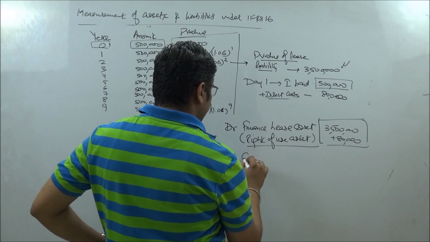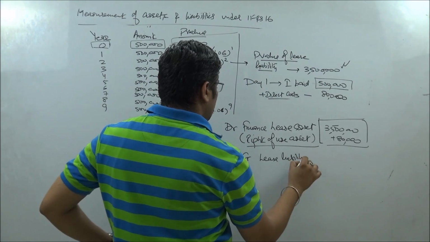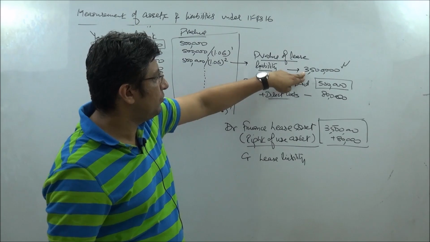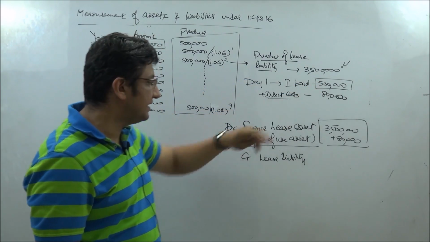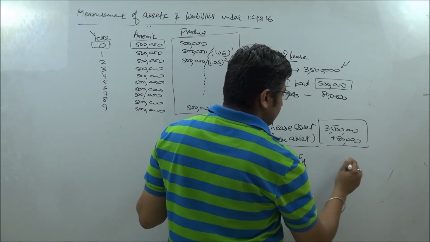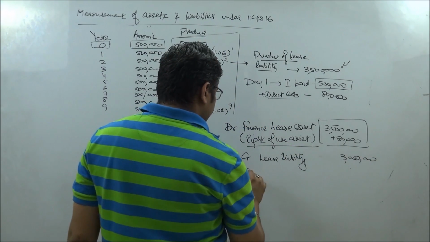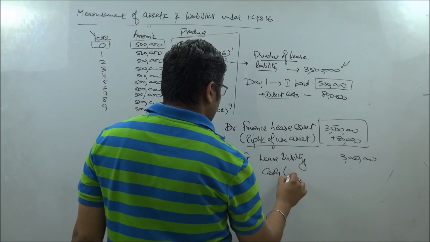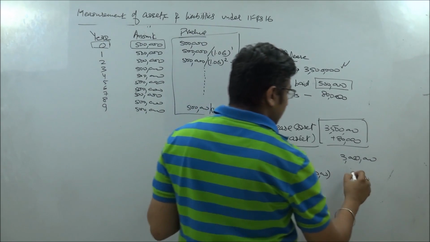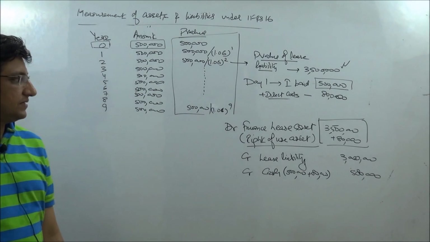Against this you have lease liability. And how much is that? The present value is 3.5 million, but you have already paid 500,000. That means that the value remaining becomes 3 million, and of course I have paid 500,000 plus 80,000, so this becomes 580,000, right?